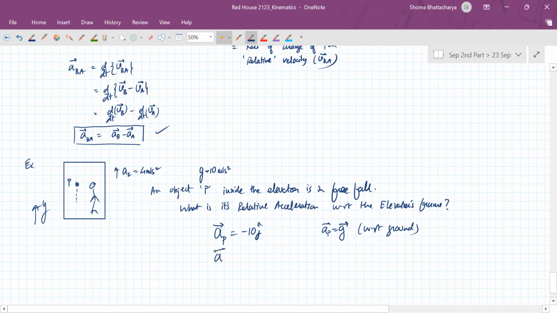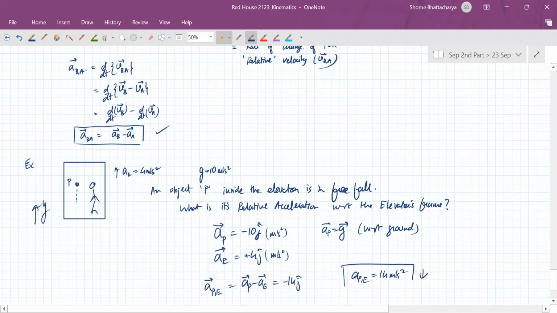But the acceleration of the elevator itself is plus 4 j cap. So the acceleration of the particle with respect to the elevator will become minus 14 j cap. So the particle as seen from the elevator's frame is having an acceleration of 14 meters per second square downwards.